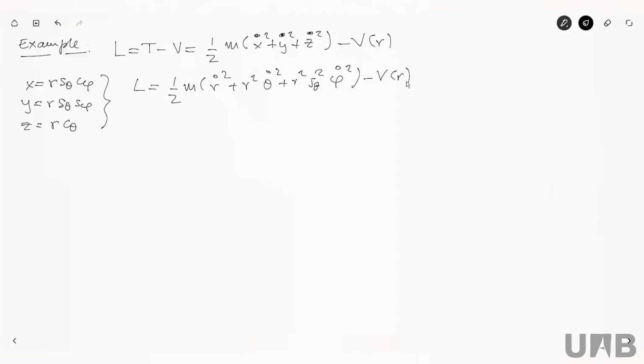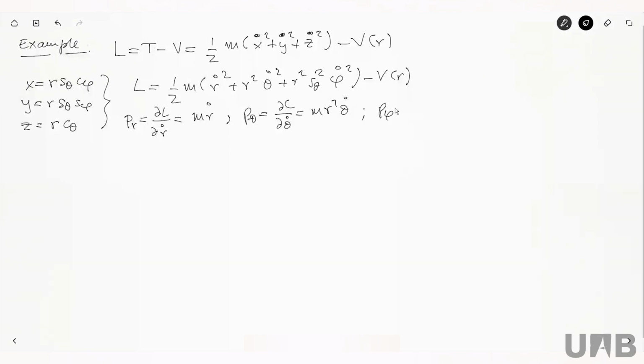Let's construct the Hamiltonian. So first of all, the canonical conjugate momentum to the r variable. That's dL/dr dot, and this is m r dot. Next one, p theta, that is dL/d theta dot, and that is m r squared theta dot.